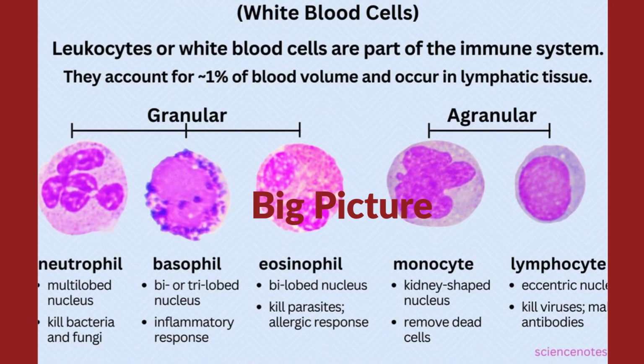We've got eosinophils, which have a bi-lobed nucleus, and they kill parasites and mediate allergic responses. We have monocytes, which are agranular, so there should not be any granules in these. Monocytes have a kidney-shaped nucleus, and they remove dead cells. And we also have lymphocytes, which have a centric nucleus, and they kill viruses and make antibodies.